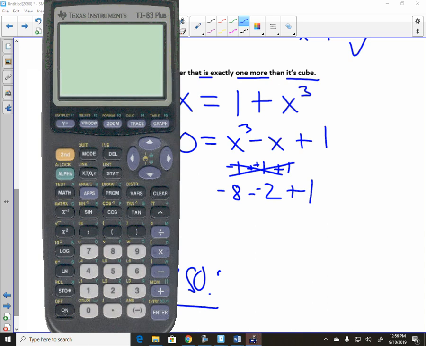Because I know you guys really just want to, I am going to find it. X cubed minus x plus 1. Does it cross between -2 and 0? It does. I find that 0.